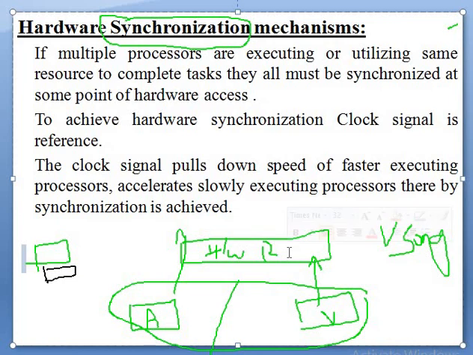Hence we feel audio and video matching on the computer monitor whenever we watch a video song or any other files, like a cricket game, we feel both are synchronized.